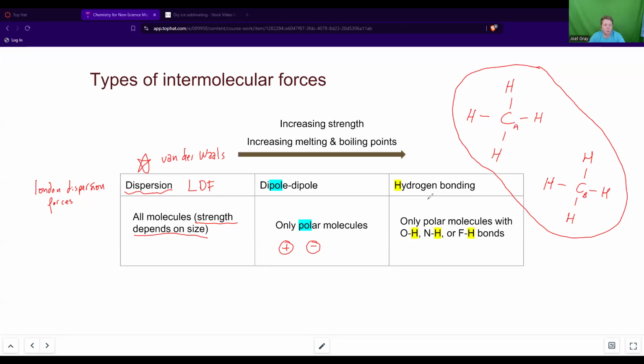Now, in order for a hydrogen bond to exist, you have to have a molecule with an OH, an NH, or an FH. Now add to the chat your answer as to whether or not these molecules have an OH, NH, or FH.